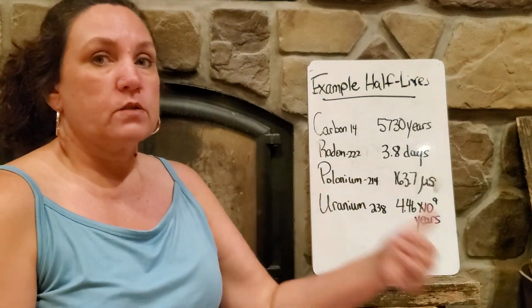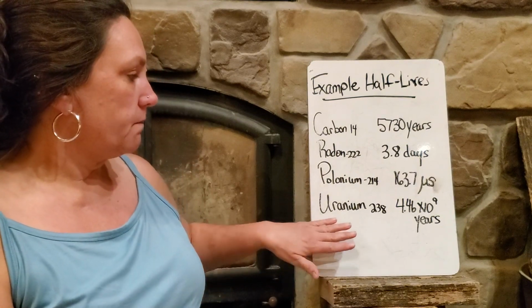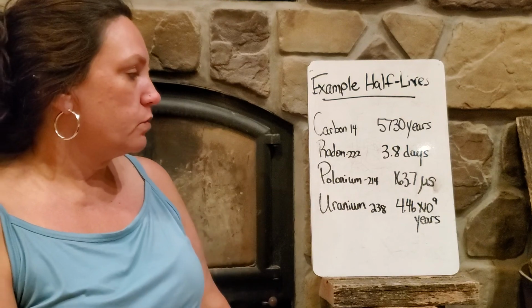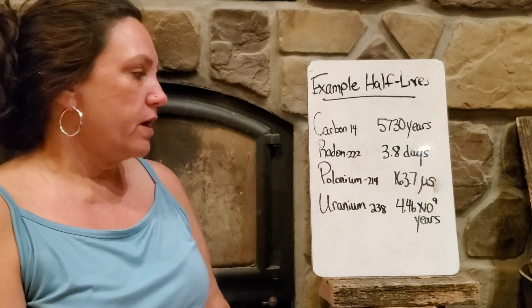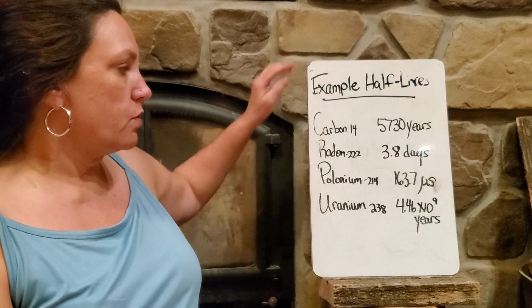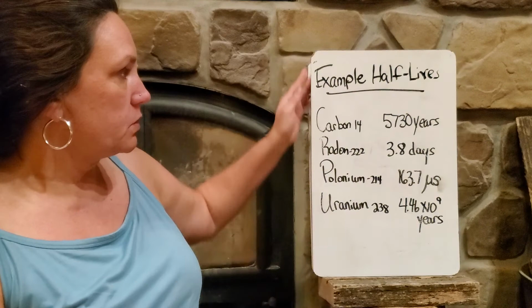So that's quite a lot smaller than milliseconds. And then the one we've heard of before about uranium, we're talking almost 5 times 10 to the 9th years. So very fast, very slow, anywhere in between.